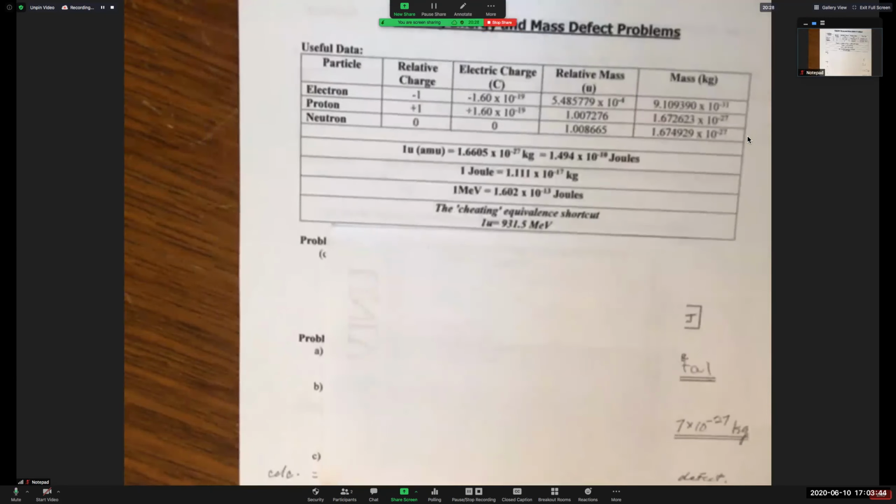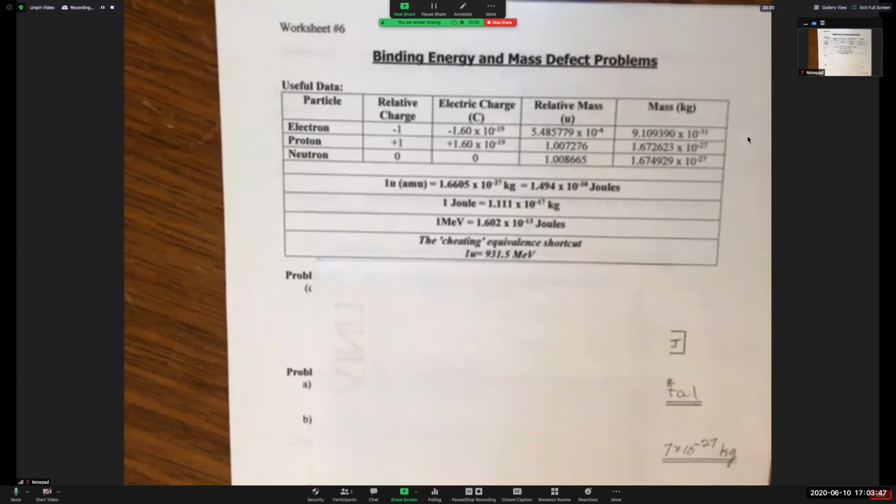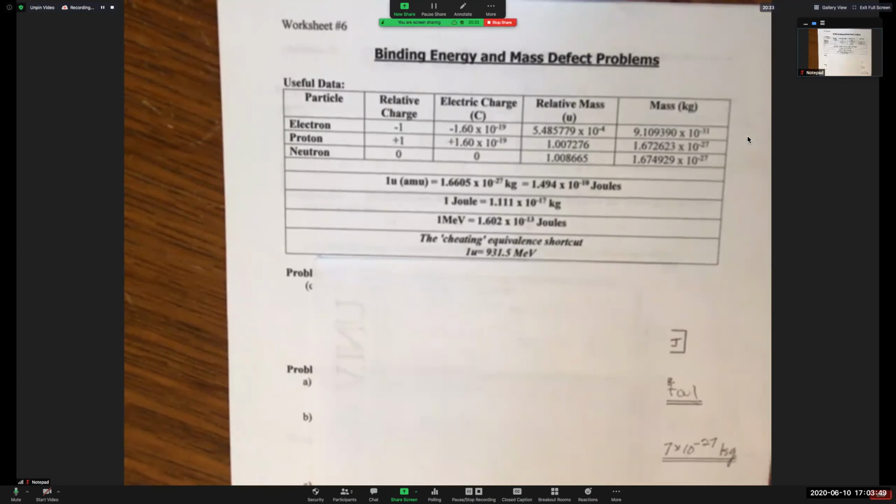But I want to point out this table here. These are some really important values and some constants. I've labeled this table useful data. This is something that you want to have handy when you do the homework and also when you take the exam. There's lots of really good information here.